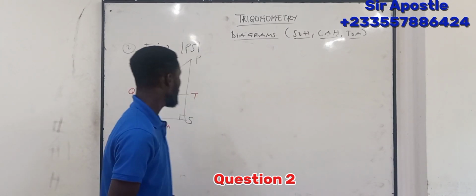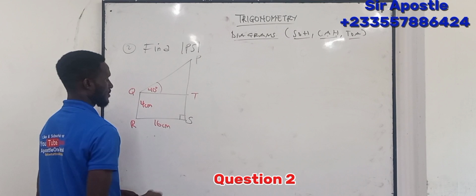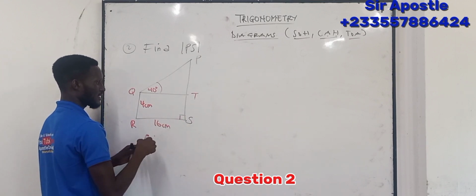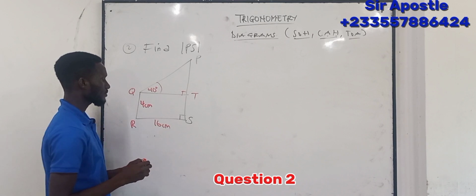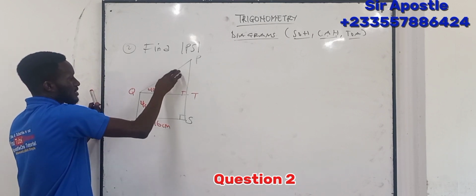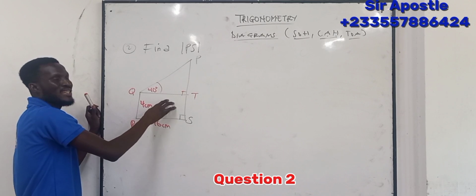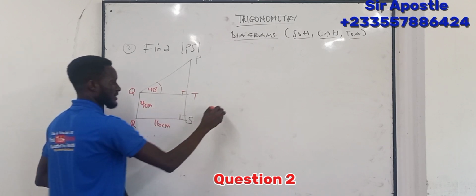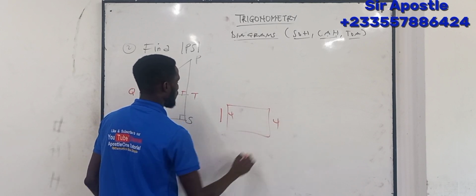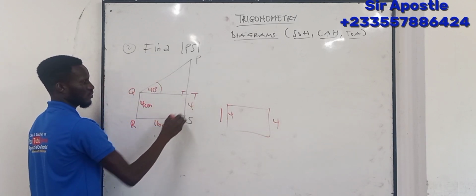Now we are supposed to find PS. PS is from here to here. But I think it's simple to find PS. Because if here is 90, it means this side is also 90. And then this one is a rectangle. So here is 4, here is also 4, so it means this side is also 4.